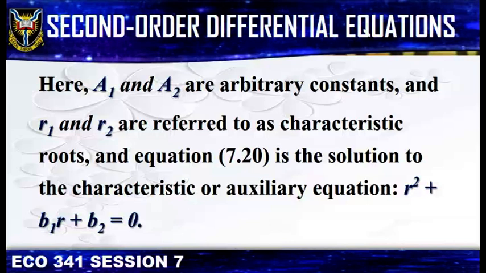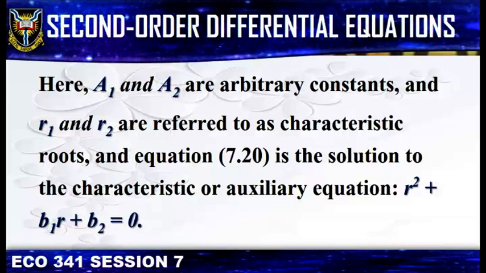Evaluating equation 4.2 and 4.3 at t is equal to 0 and setting y function of 0 is equal to 5.5 and y prime function of 0 is equal to 11 from the initial conditions.